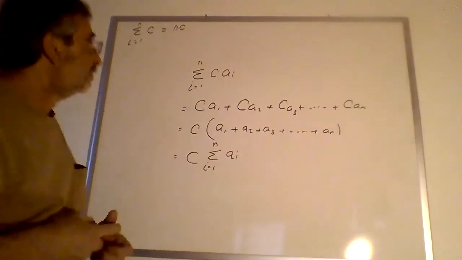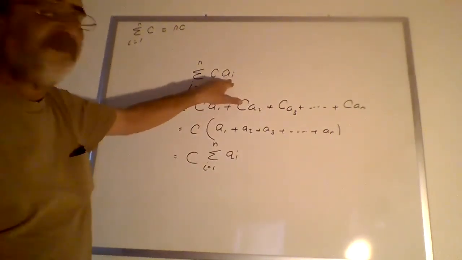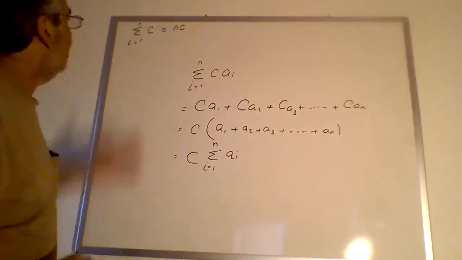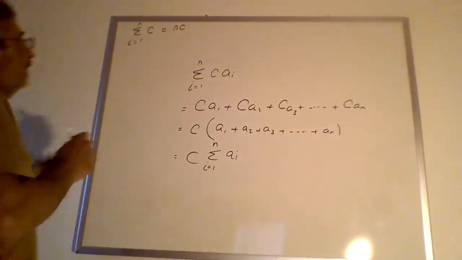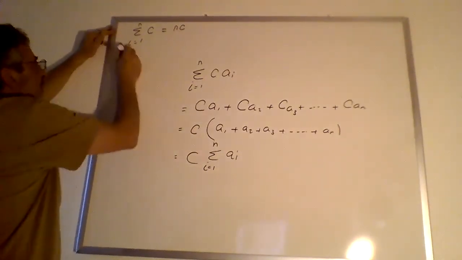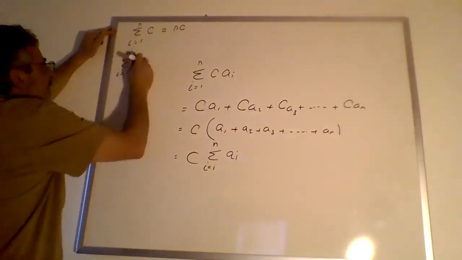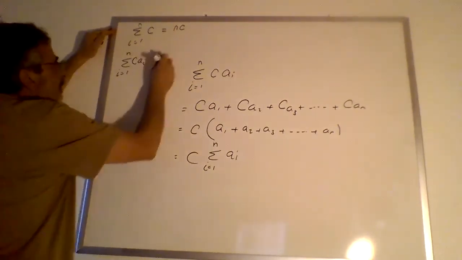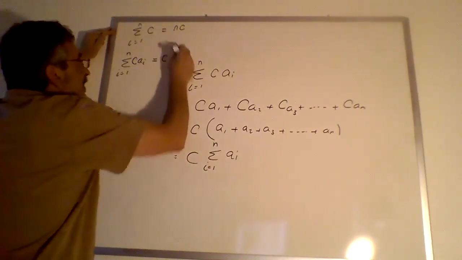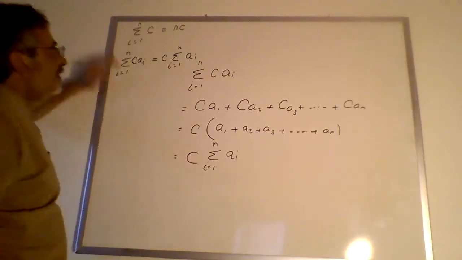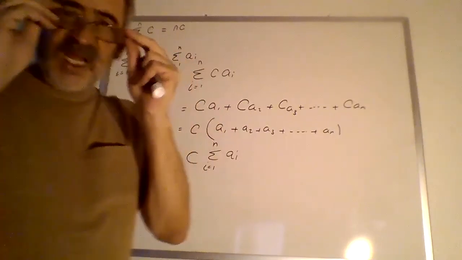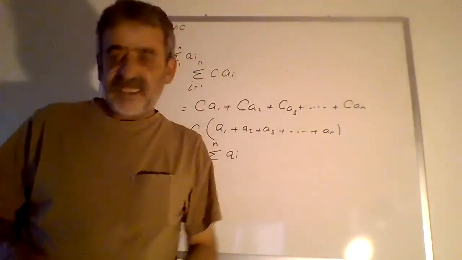So really, if I have a constant multiplied by some variable in here that depends on i, I can put the constant out and say summation i equal 1 to n of C a_i equals C times summation i equal 1 to n of a_i. So I really don't have to add the C at the end of the day. I can just simply multiply that C by that number.